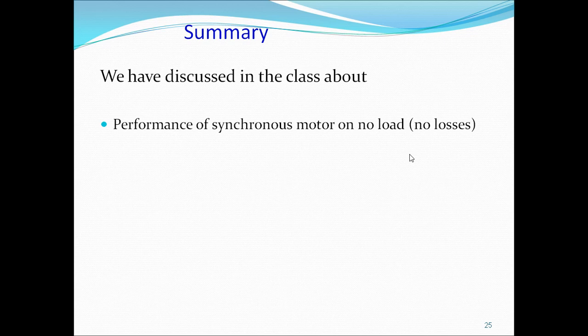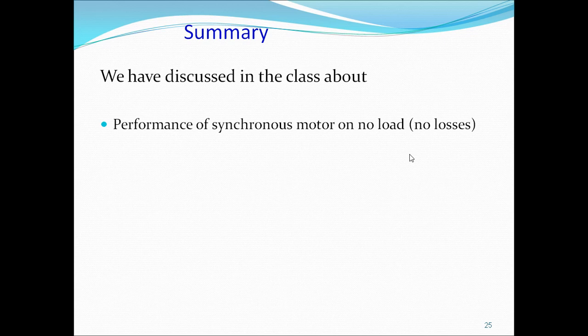It depends on the excitation of the synchronous motor, and the back EMF is opposite to the supply voltage. So the voltage across armature is V minus EB, and armature current is equal to armature voltage by armature resistance.